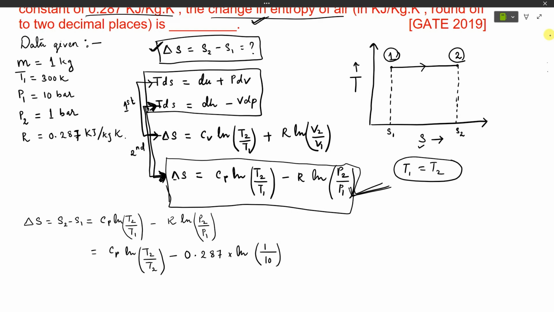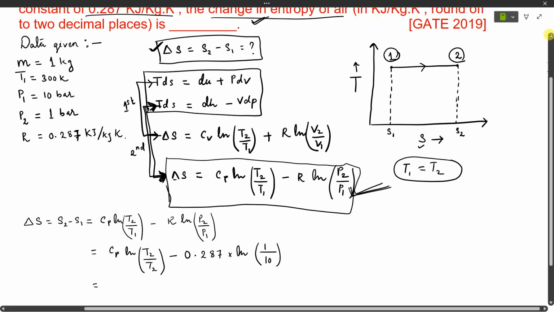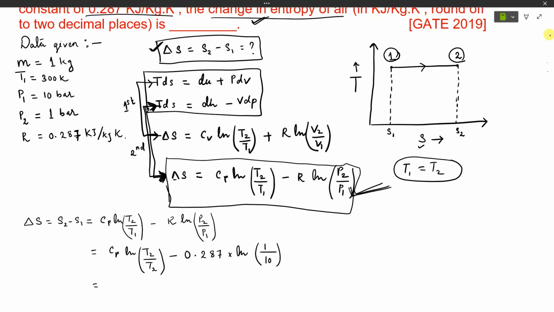Here we don't have the value of Cp, but is it really necessary to calculate this expression? Let's see: ln T2 by T2 means ln 1. The value of ln 1 is 0, as we know.